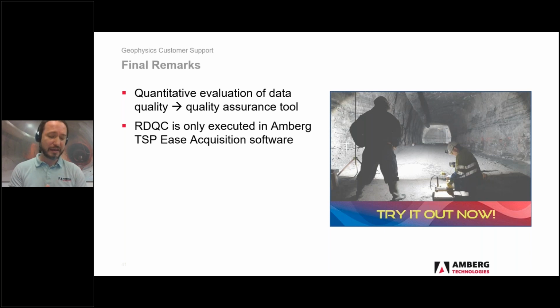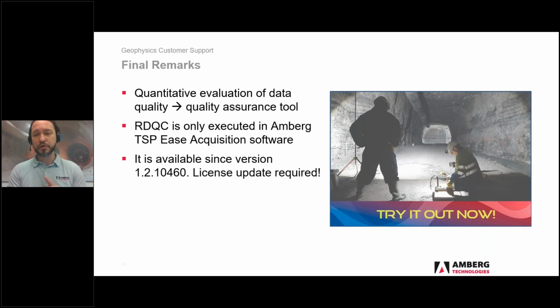The raw data quality check can only be executed in the Amberg TSP Ease acquisition software. You need to run it there before you send the data to the office for processing. This tool is available since version 1.2.10.10460. It was released in February this year, and you need to update your license.